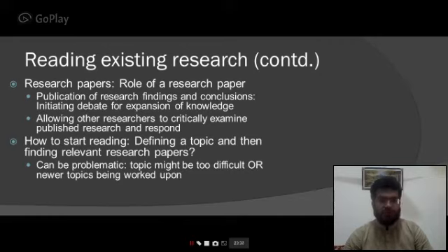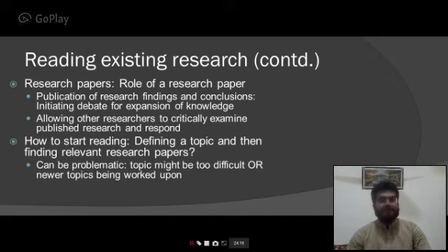The next thing that is to help you with the initial stages of your research is a question that might occur to many students: how to start reading. So there can be two alternative ways. Either you define a very specific topic in the very beginning and then start searching for relevant material around it. On the other hand, you start with a general and relatively broad and open topic.